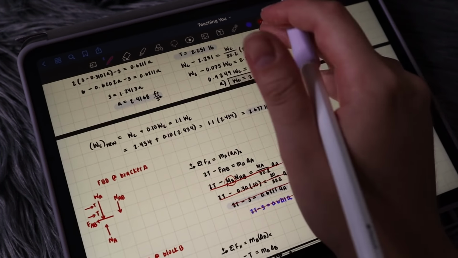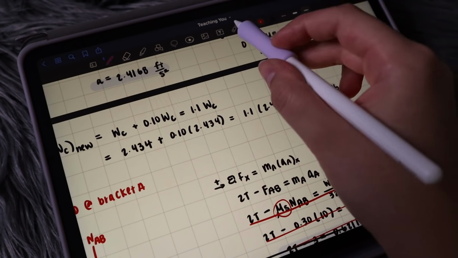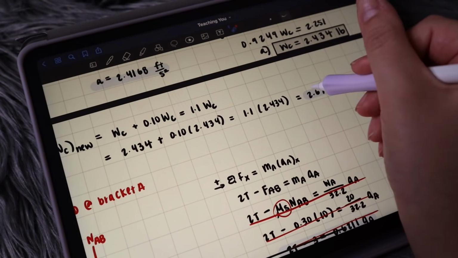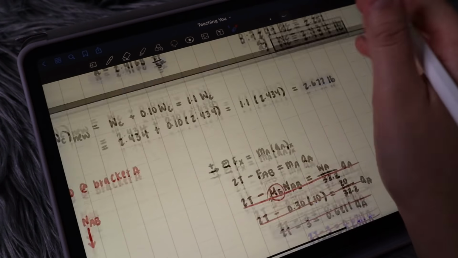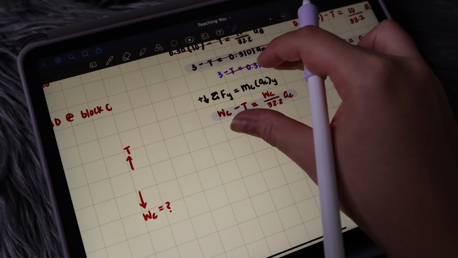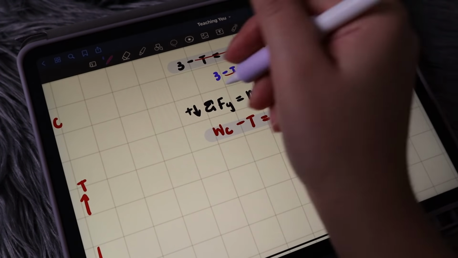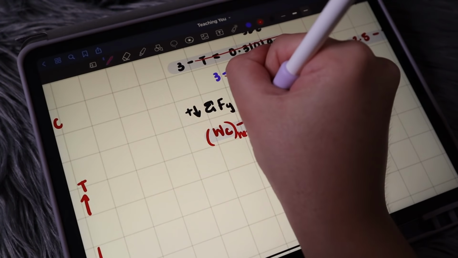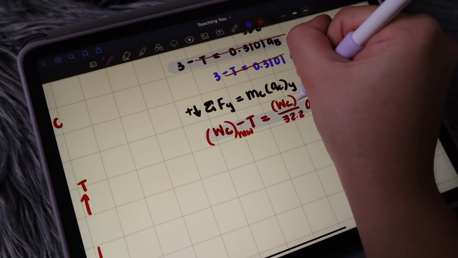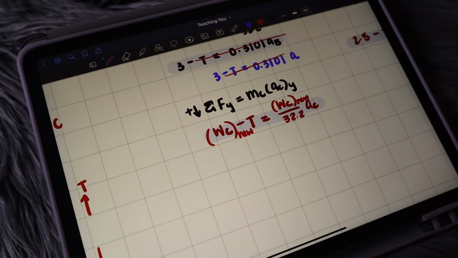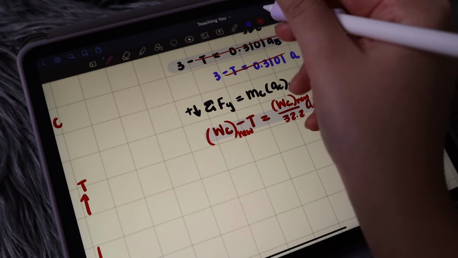Because we said that it's increasing by 10%, so this is our new weight. So we could actually plug that in here. If you want to be more specific, you could add that that's the new weight.